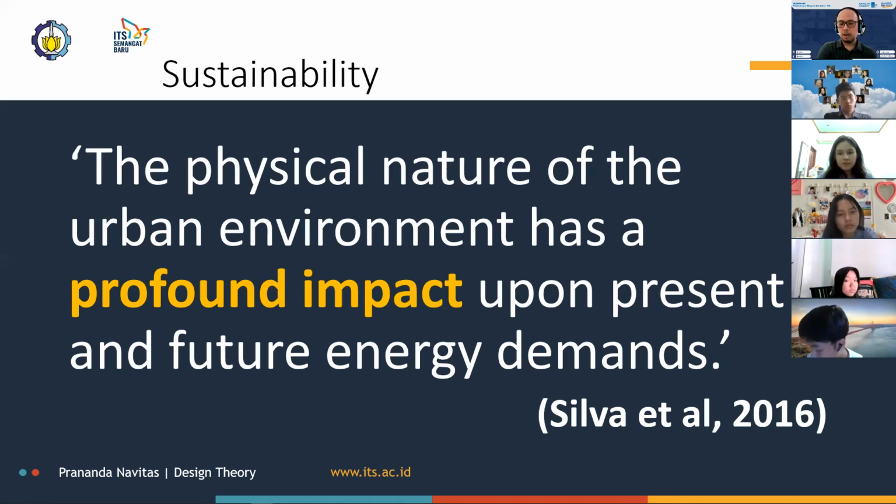So how the city is configured affects the way we move in and around the city. Thus, it has a profound impact not only on present and future energy demands, but also present and future emissions, for example.